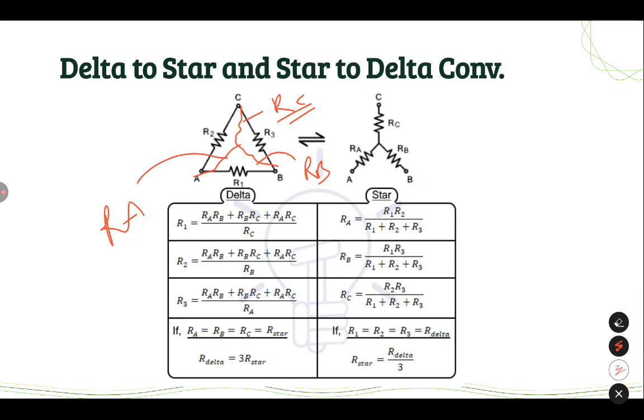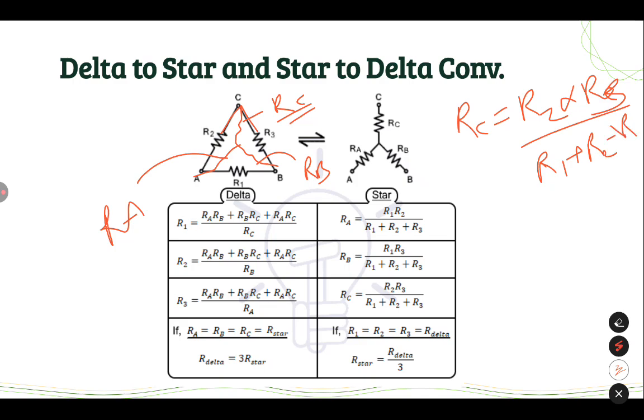For RC we have to multiply the two adjacent resistors R2 and R3, and divide by the addition of the individual resistors, R1 plus R2 plus R3.